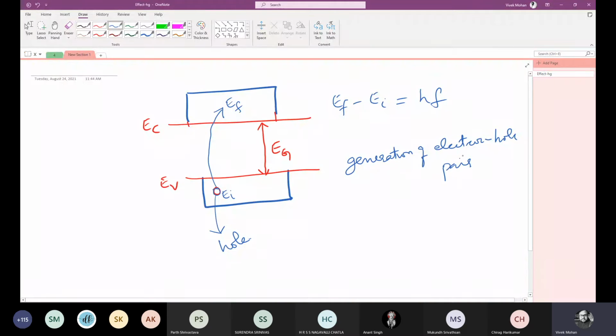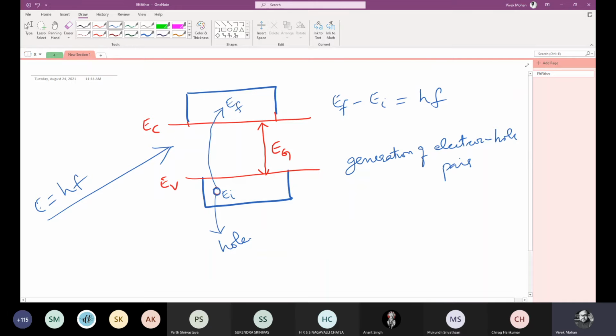This is the generation of an electron hole pair, which happened because of the absorption of energy from the photons, E equals hf, which created the difference between EI and EF. This is the very basic principle of photovoltaic energy conversion.